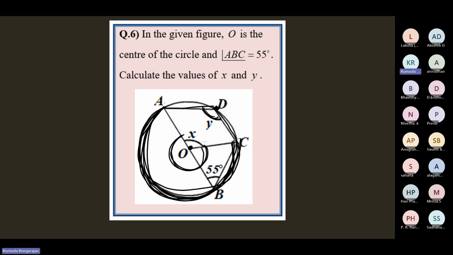The major arc AC subtends reflex of angle AOC at the center. The same arc AC subtends angle ADC, made by the same arc AC at the center O and on the remaining part of the circle at the point D.